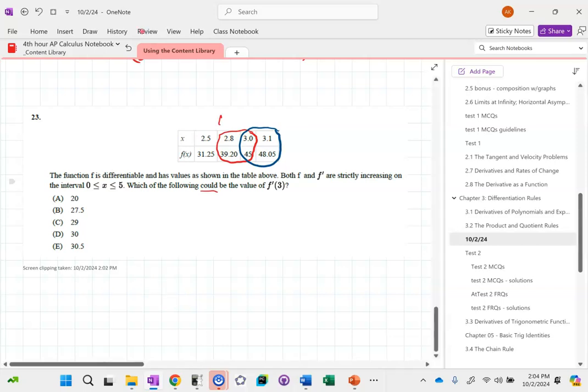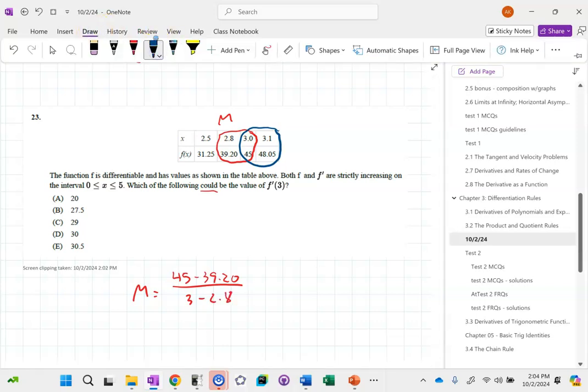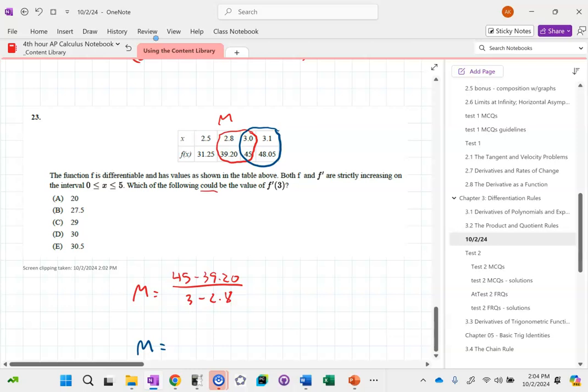We'll just say m. So that's going to be 45 minus 39.20 over 3 minus 2.8. And then the other one is going to be 48.05 minus 45 over 3.1 minus 3.